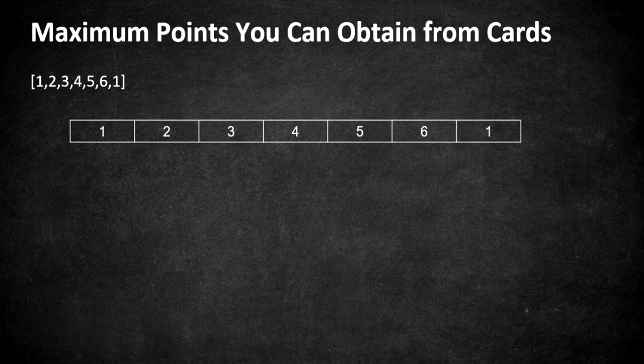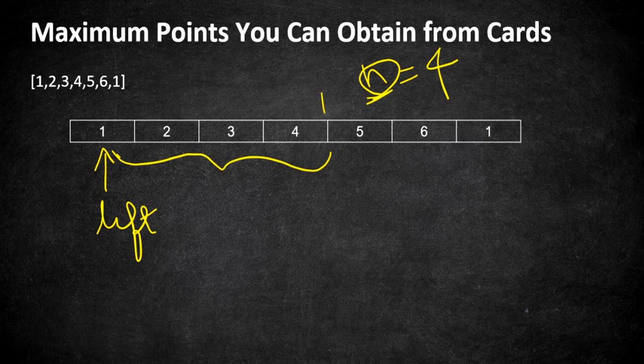I'm going to have a left pointer, which is a slider, that slides every time it finds an array of size total length minus k. Let's say n is the total length of the given array minus k, and we are going to find a minimum subarray whose length is n. Our pointer left starts, and let's say n is equal to 4, it finds the first four numbers' sum and saves its value in the minimum sum variable.